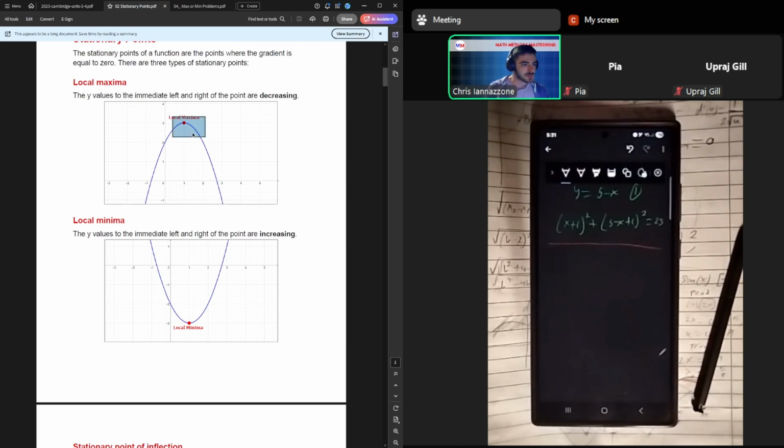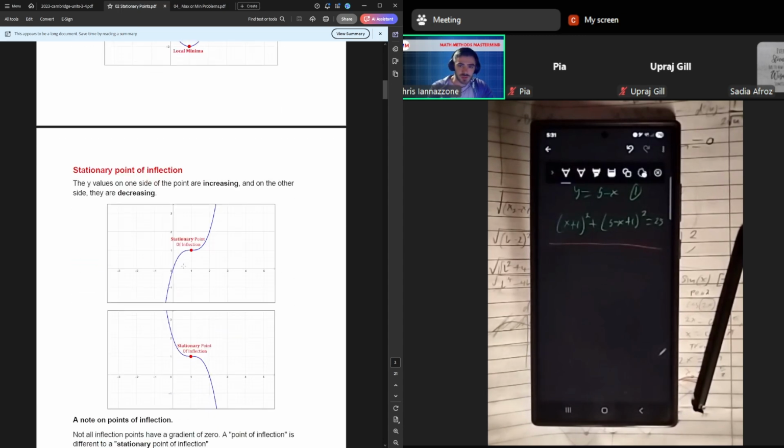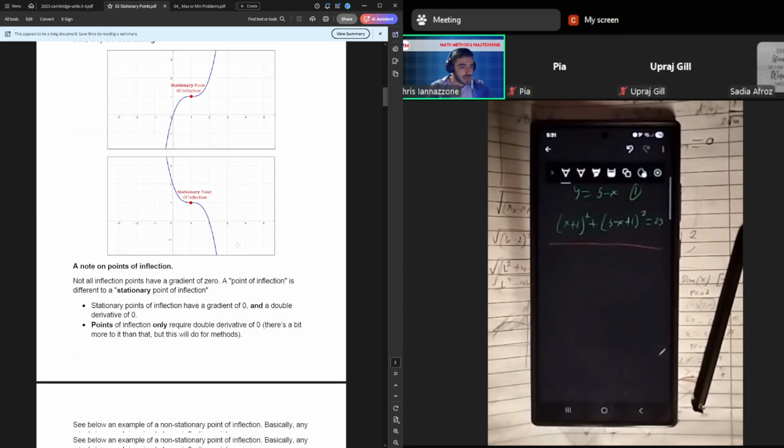So maxima, obviously, you're looking at a maximum point on a graph, the tallest y value there. Whereas for minima, it's the opposite, it's the lowest y value. And then lastly, you've got your stationary points of inflection, which came from the cubics when you would have first seen them. A little quick note on those points of inflection.